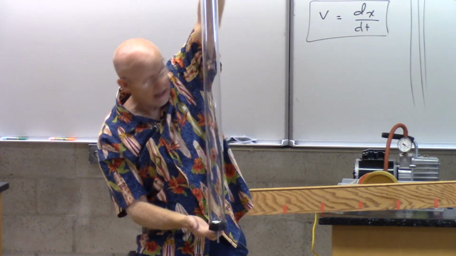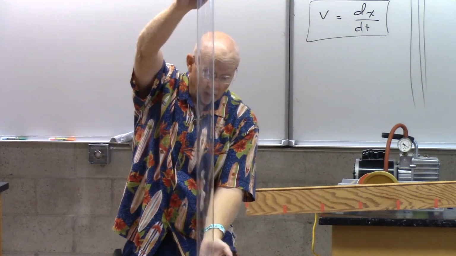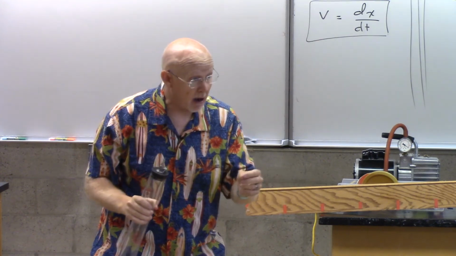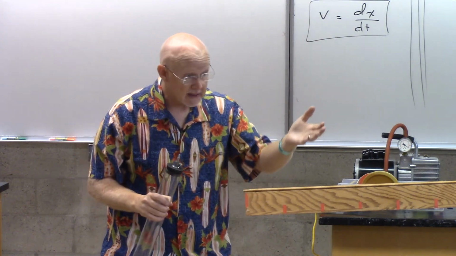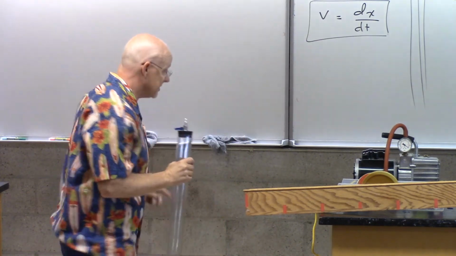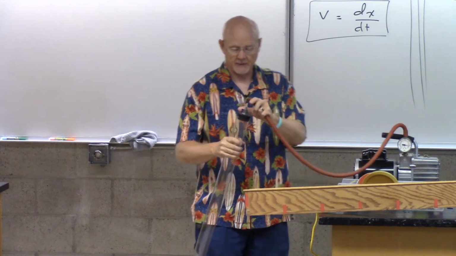When I turn them upside down, you'll notice they don't seem to fall at the same rate. I would say that's because they're interacting with the air. If there wasn't any air, they would fall at the 9.8. That's what we call free fall. And so that's why we have this vacuum pump out here. So I can turn this on.